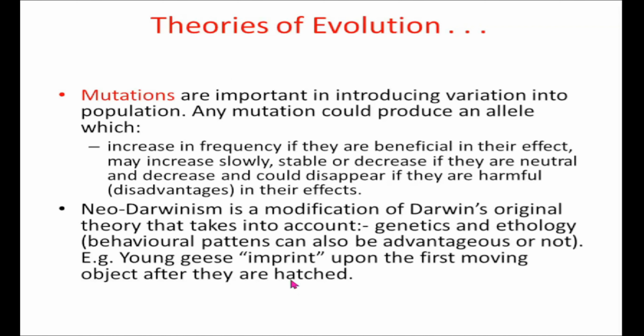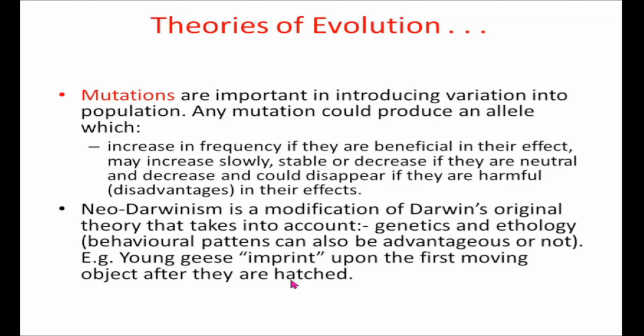Mutations are important in introducing variation into a population. Mutation concerns the gene, chromosome, or genetic material. So from here you can understand that the ultimate source of evolution is genetic variation.